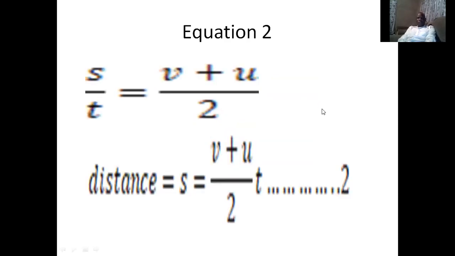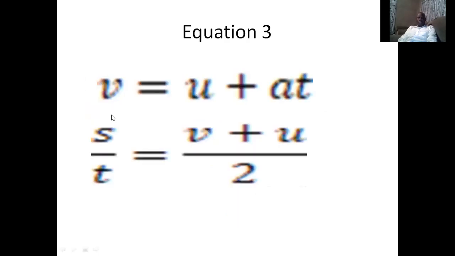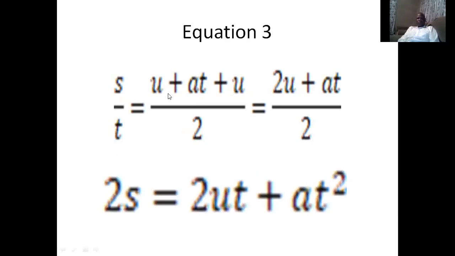And in equation 2, we said average velocity is equal to displacement over time, which is equal to final velocity plus initial velocity over 2. And so we have these two equations. Where there is final velocity, we can replace it with initial velocity plus acceleration times time. So this is what we have done here.